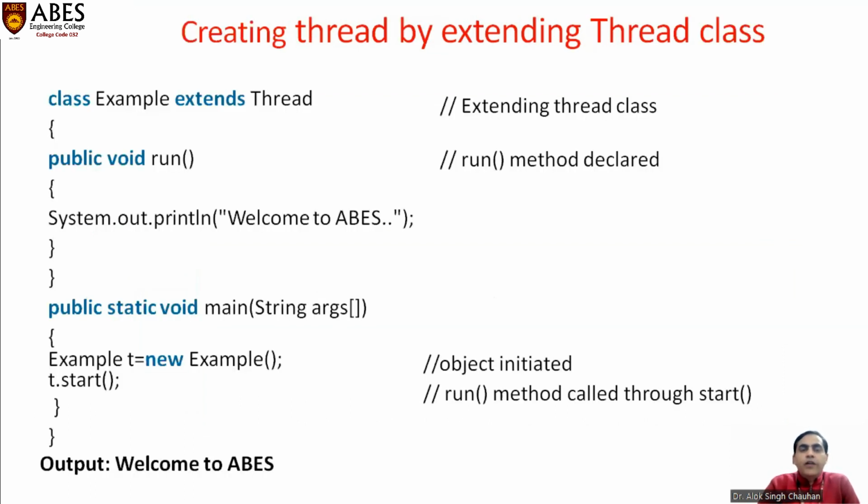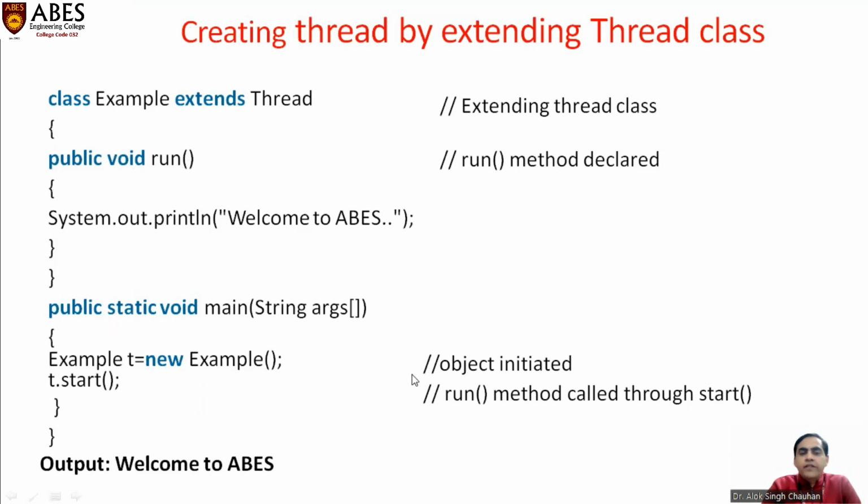First example: how can we create a thread by extending the Thread class? Here we have to use the extends keyword and the Thread class. So we create a class Example, which extends Thread. Then we have to declare the run method and give the body or logic of the method. Then in the main method, we create the object of this class: Example t = new Example.